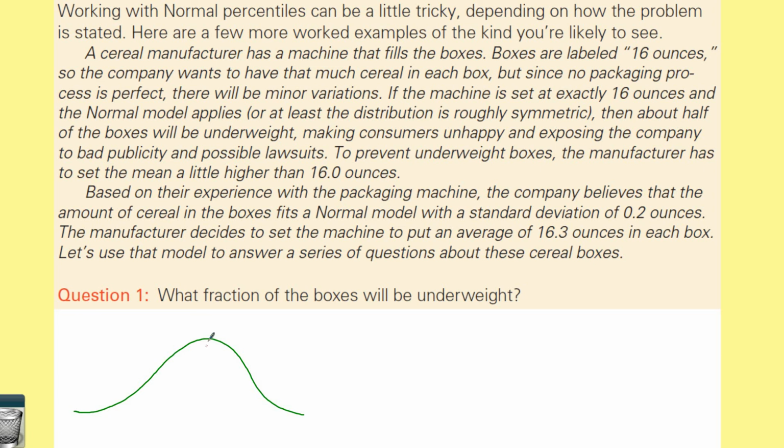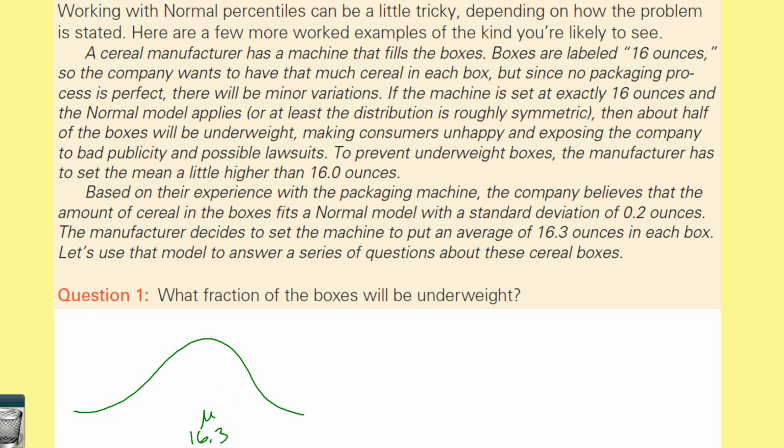If we have our mean right at 16 ounces, well then 50% would be underweight, and we don't want that. So he redid it and said the average is now 16.3 with a standard deviation of 0.2.